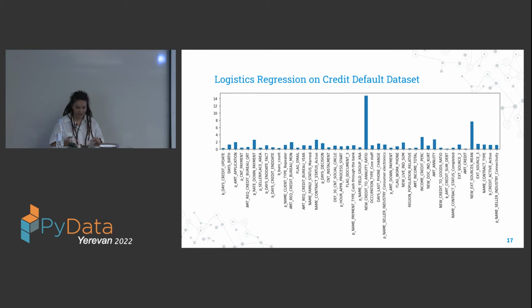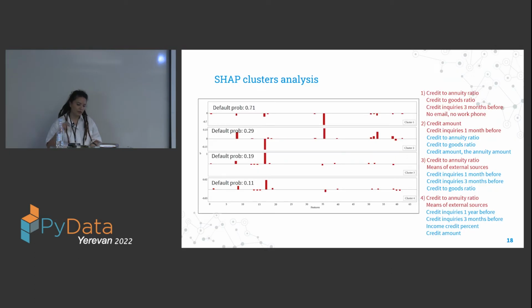So it's all about money, as we can see from the importance of the loan payment, the amount of annuity, and the income to credit percent. All the important features from logistic regression are about the income of the person and how the person can cover the credit.